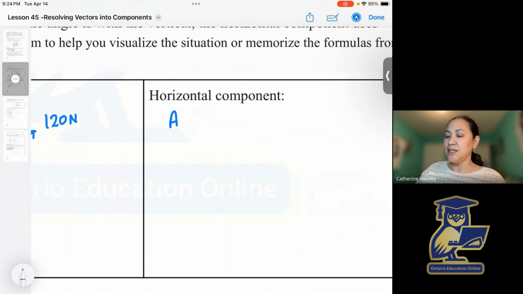This is really sine. So this is A times the sine of the angle theta. The magnitude of the force is 120 newtons. Sine, and the angle that was given was 25.